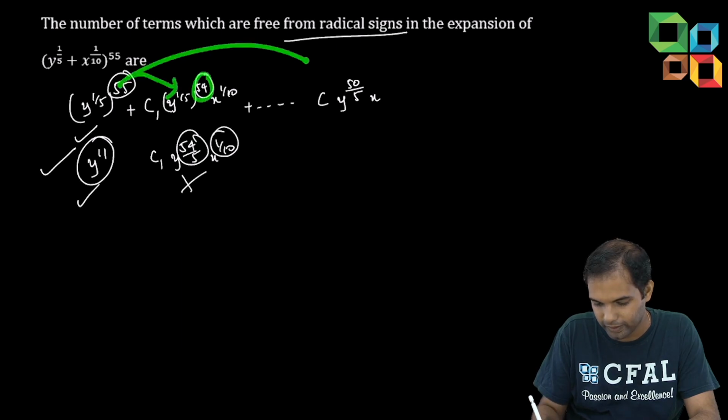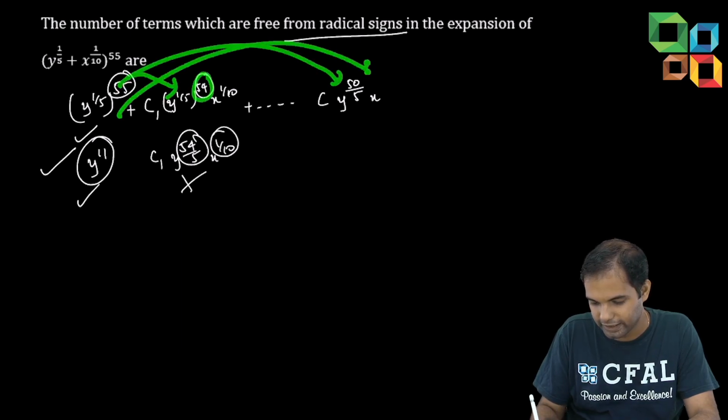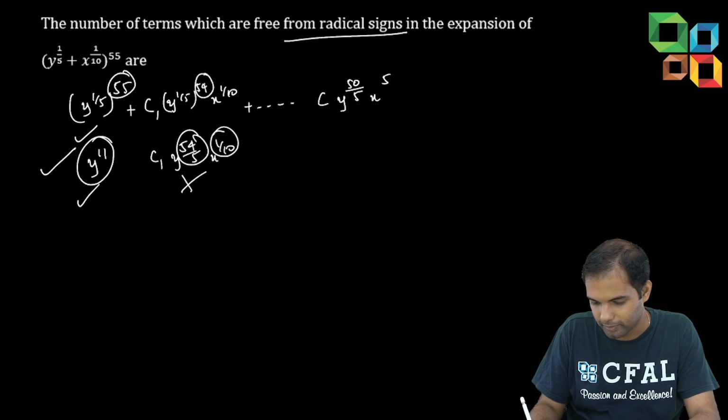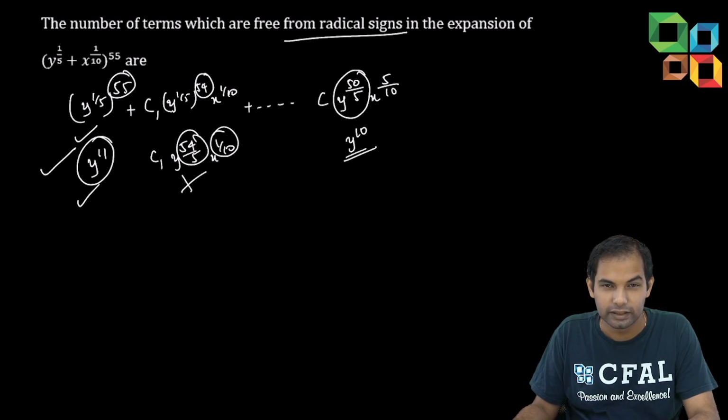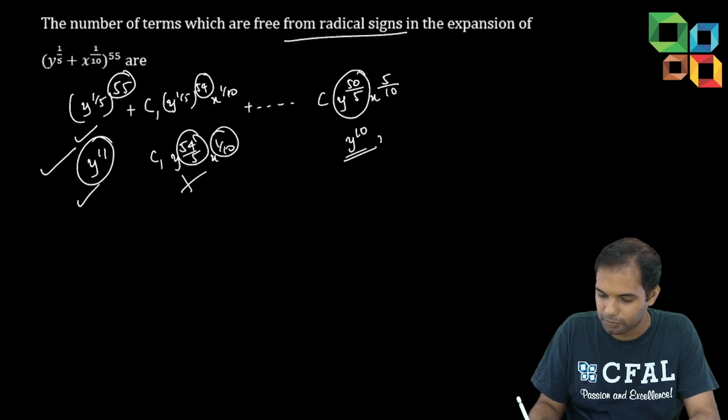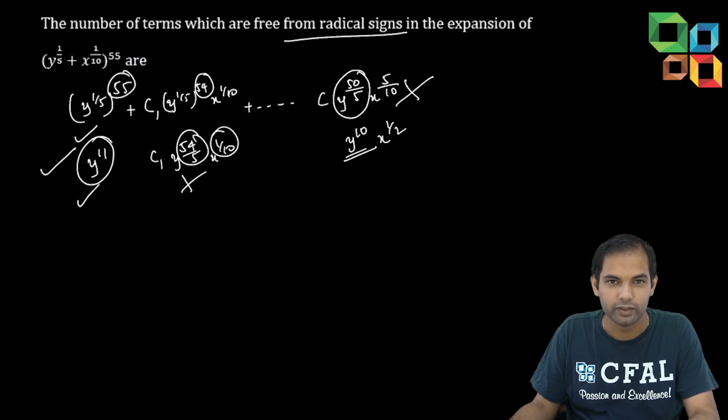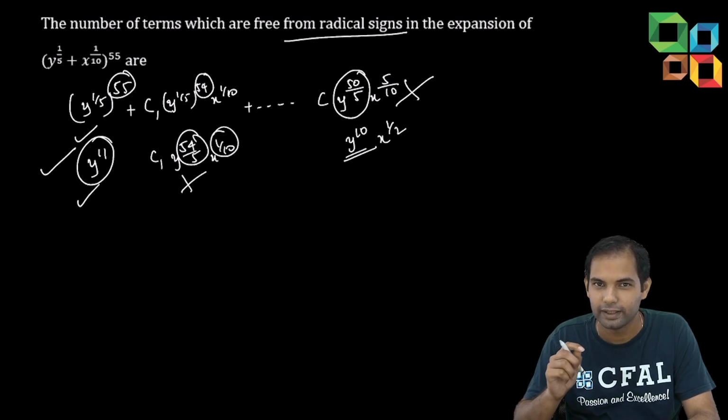So this reduced by 5, so the x part should increase by 5. So x should be 5, right? Now you are right in saying that y power is y power 10. That means this is free of radical. But if you look at the x power, it's still half. So this term also won't work. We need free of radical. Obviously, we need both the variables to be free.